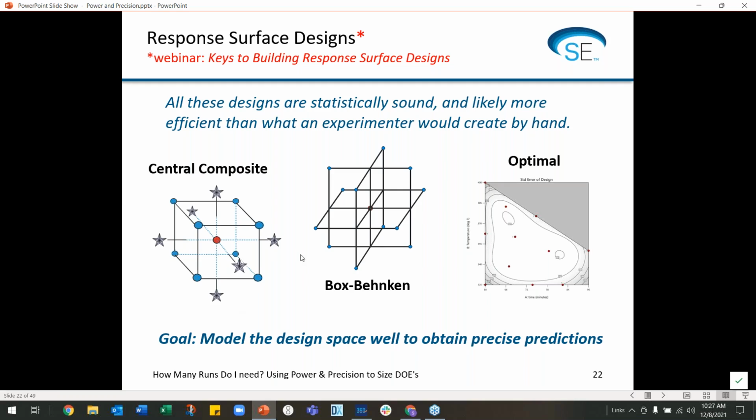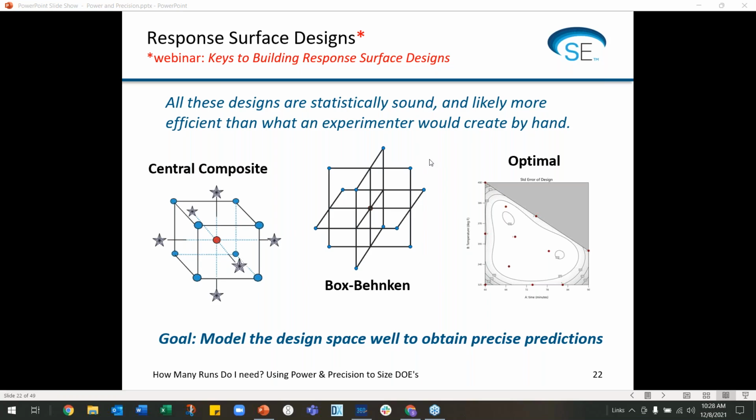But there's a central composite design, Box-Behnken design, and optimal design. All of these have slightly different design spaces. You can see with optimal design, you might even have constraints on the design space. And the goal is to model the design space well to obtain precise predictions.